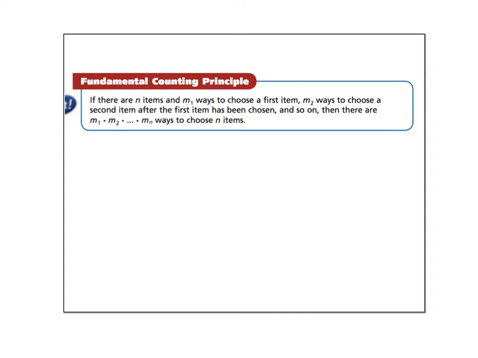That sounds really complicated, but it's really not. The fundamental counting principle is really just a way to figure out how many different combinations total I can have of something. And we use multiplication to find out.